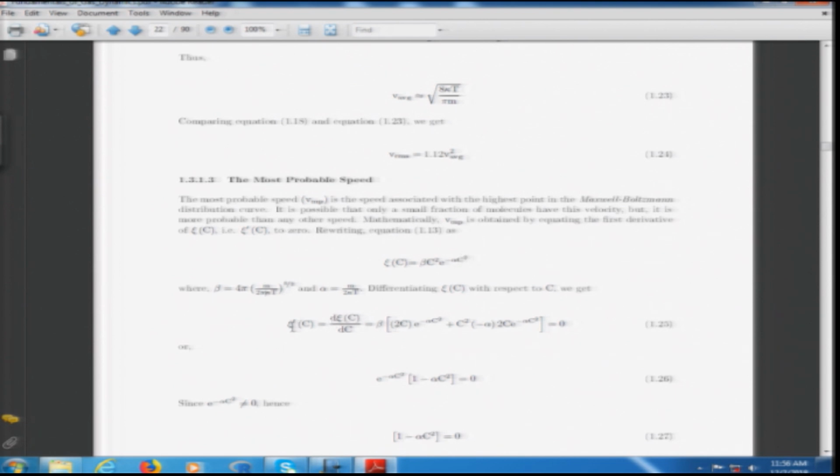Doing so, xi dash c, the first derivative of xi c with respect to c, that is d xi c upon dc, is equal to beta times 2c e to the power minus alpha c square, plus c square times minus 2 alpha c, which comes from differentiating the exponential term, and then e to the power minus alpha c square will remain.